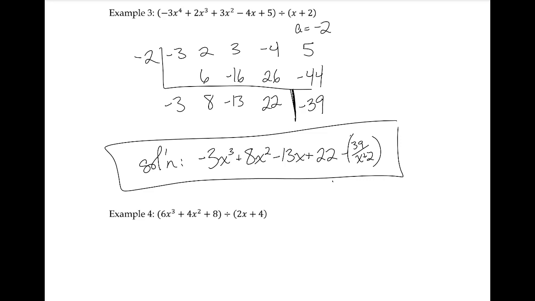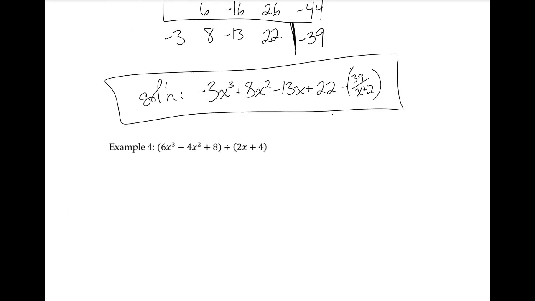We do, unfortunately, have a remainder, so we need to make sure that that's included. You could also say plus -39. I just have a tendency to move my integer signs out into operation signs, just personal preference. But that would also be totally acceptable. So you would be fine if you wrote plus negative 39 over x plus 2. That would be okay.